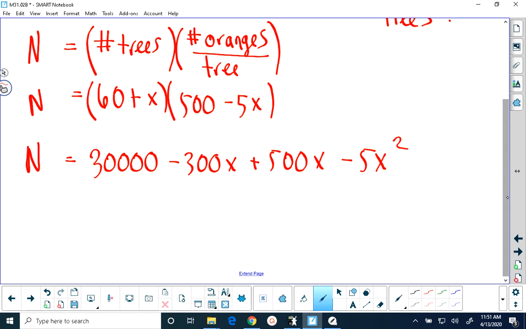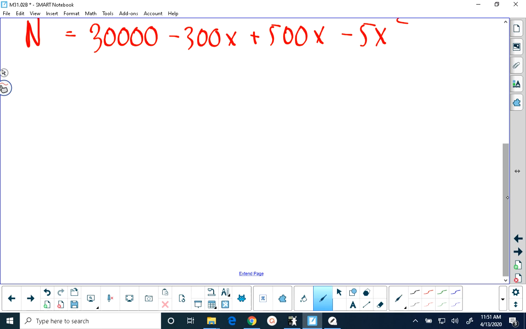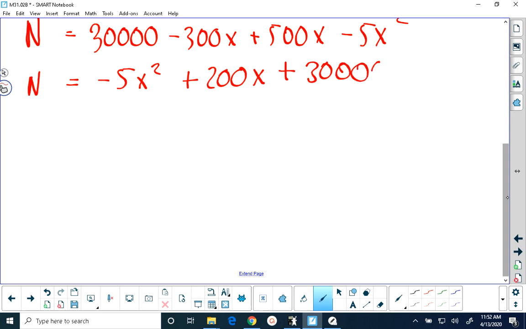I'm just going to take a breather here and make sure that I multiplied that all out correctly, and it looks fine. The number of oranges per acre then is going to be negative 5x squared plus 200x plus 30,000.